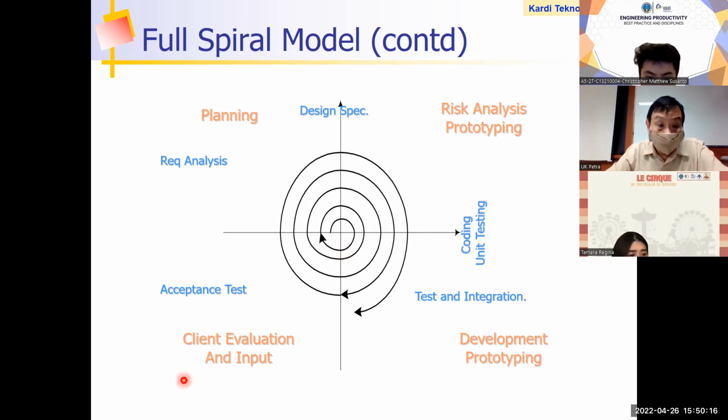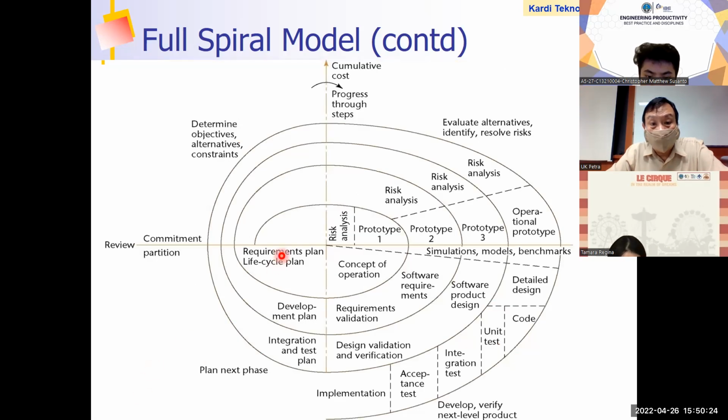So this is what the full spiral model is about. Any question up to here? This is another way to see it in more detail: risk analysis, prototyping, concept operation, and so on. So continue to do that.